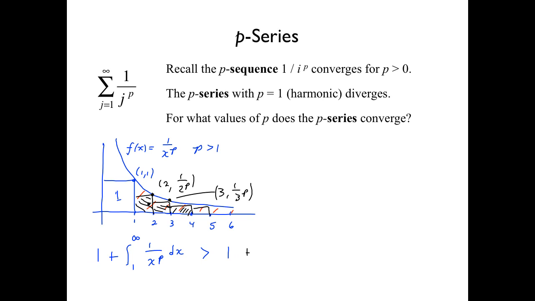And that first rectangle, what's that area? 1 times 1 over 2 to the p. Well, that's just 1 over 2 to the p. And what's that area right there? 1 times 1 over 3 to the p. And then 1 times 1 over 4 to the p.